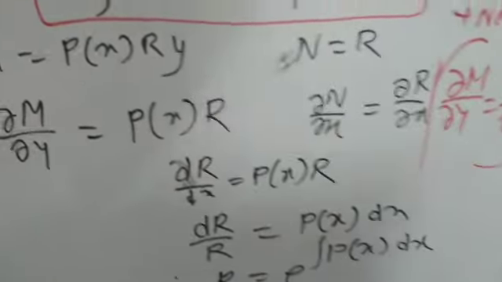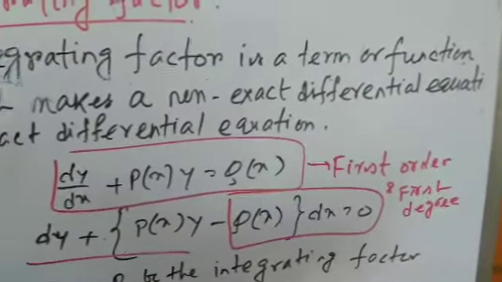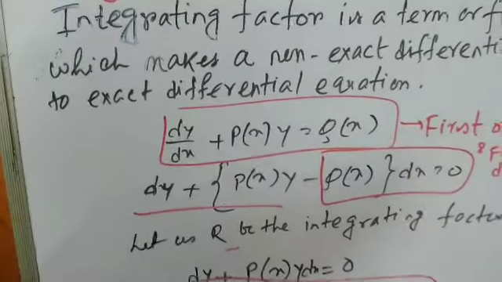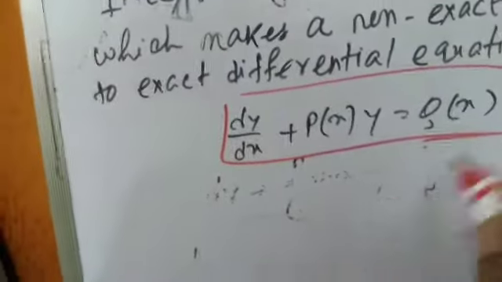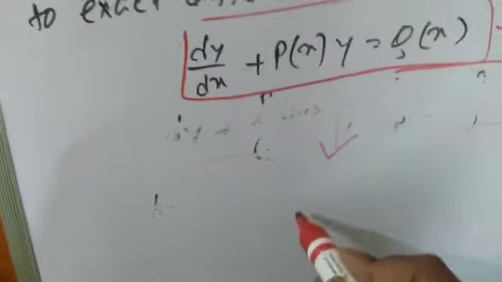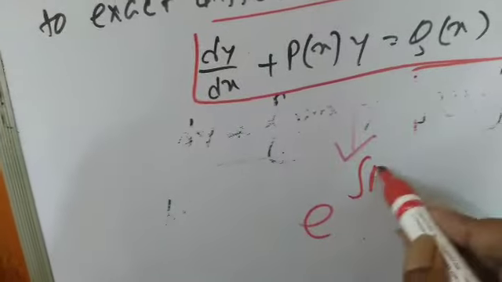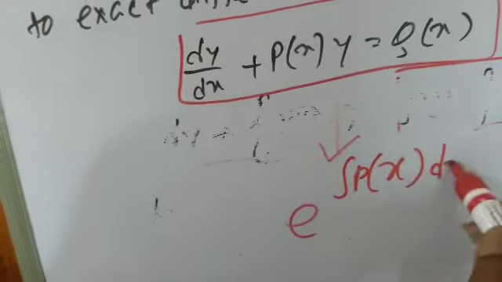So now we can say that for the first order and first degree equation, or the linear equation of first degree, dy/dx + P(x)y = Q(x), the integrating factor is e^(∫P(x)dx).